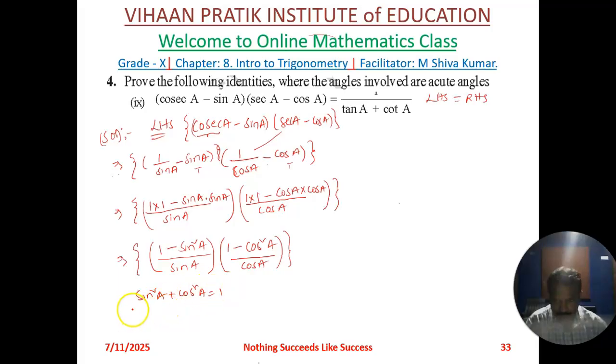Now this can be rewritten as 1 minus sin square A equals to cos square A, and 1 minus cos square A equals to sin square A. So in place of 1 minus sin square A, we'll write cos square A. In place of 1 minus cos square A, we'll write sin square A from the identity.